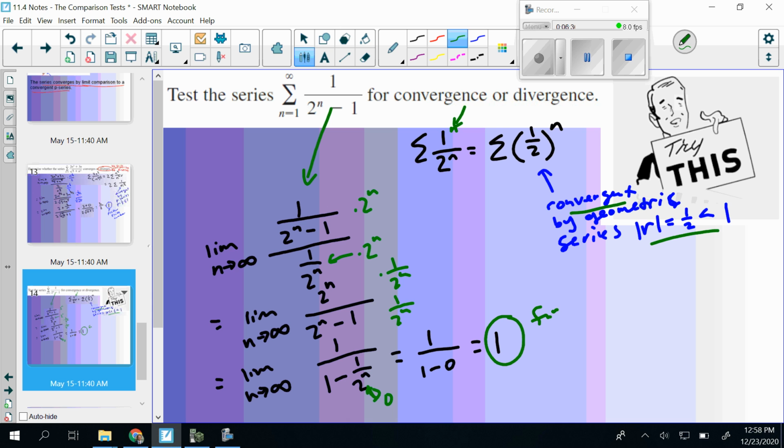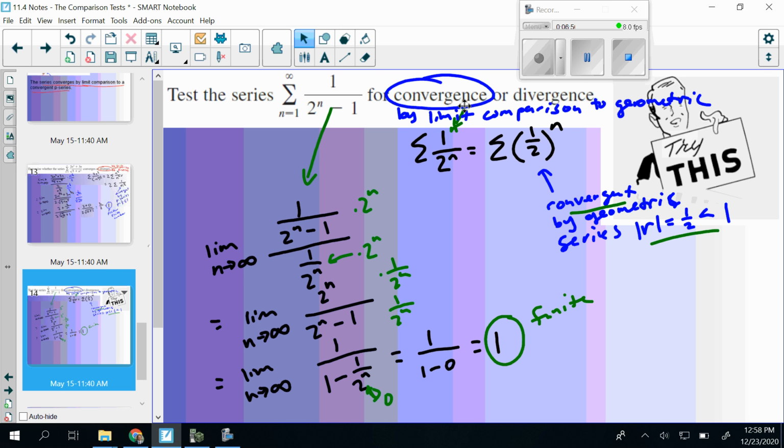That's a finite number, and so what we can say on this one is this is going to be convergent by limit comparison to geometric. And that would be the answer. So hopefully you had come up with something like that.